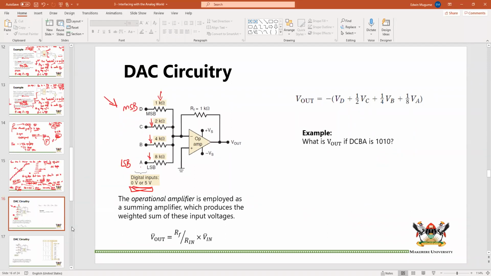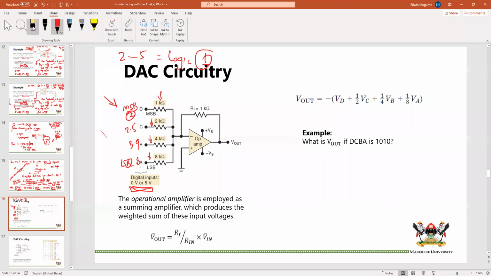The question is, if we said in digital that 2.5 is the same as logic 1. The problem with this is that if you put 2 here, then you have 2.5, 3.9, 2.8. That is not really going to work. We need to find a way of generating pure 5 volts or pure 0 volts. And we are going to look at how that works in a moment.